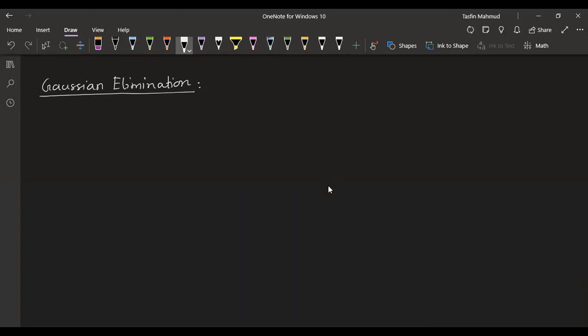So what is Gaussian elimination? First thing first, the motivation of Gaussian elimination. Why do we need Gaussian elimination?